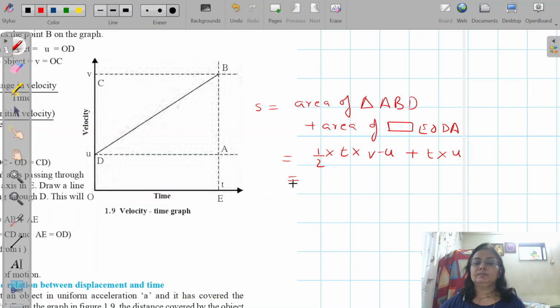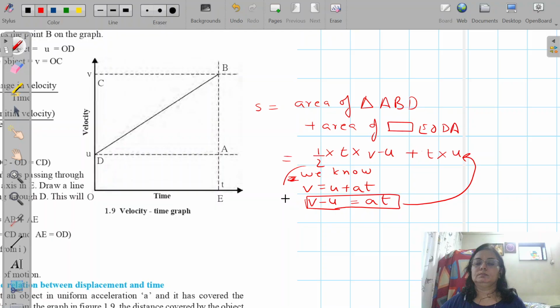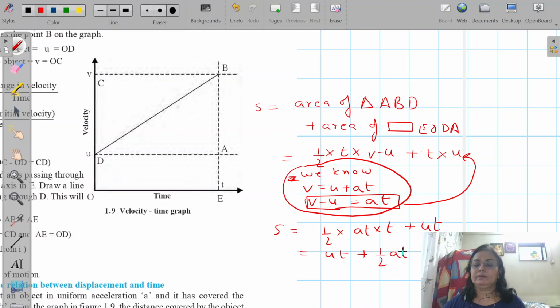Now we know that v is equal to u plus at. So v minus u is equal to at. So we put this value here. So s is equal to half into at into t plus ut. This is equal to ut plus half at square.